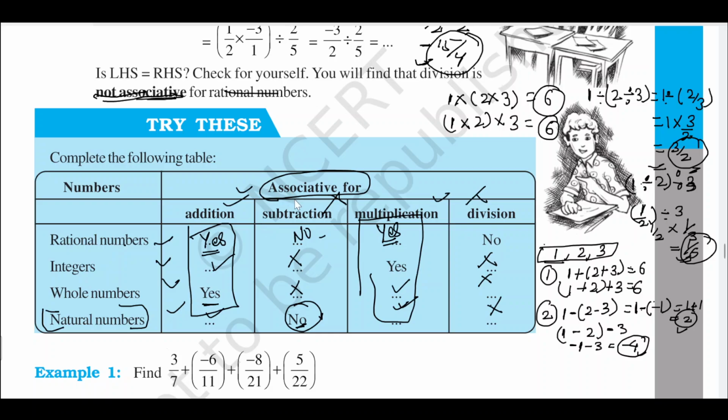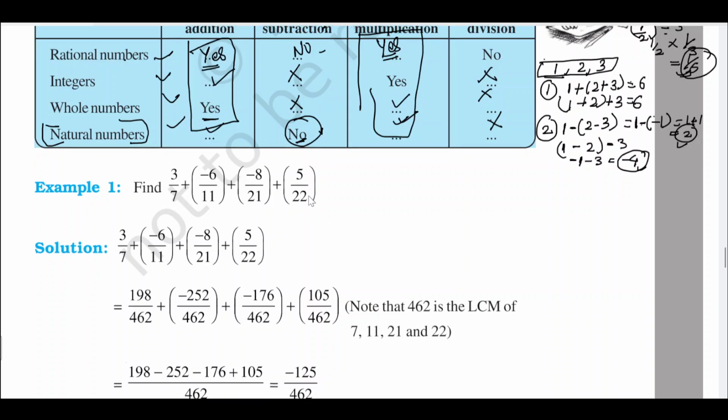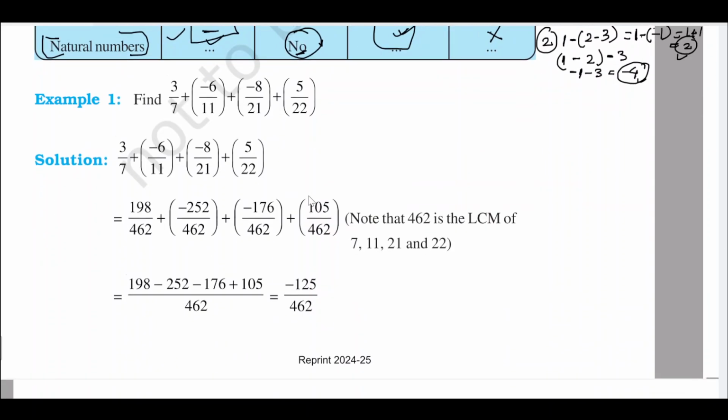Okay. Now moving to the next, there is one example. Find 3 by 7 plus minus 6 by 11 plus minus 8 by 21 plus 5 by 22.